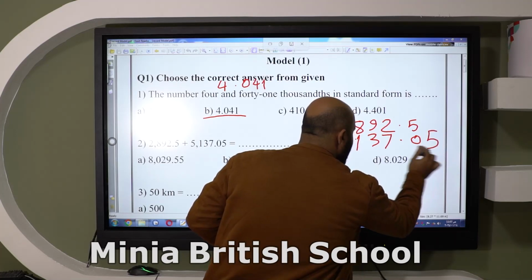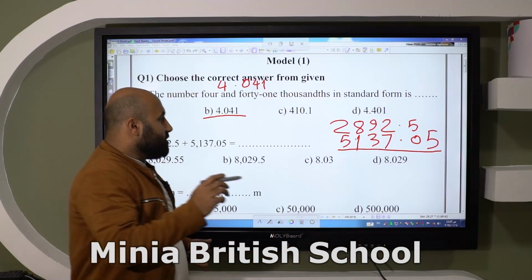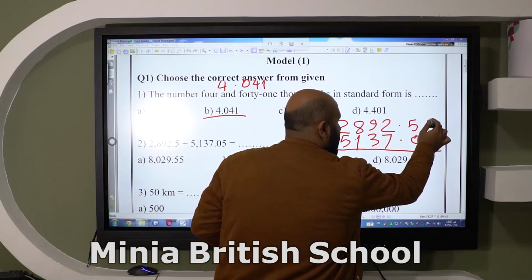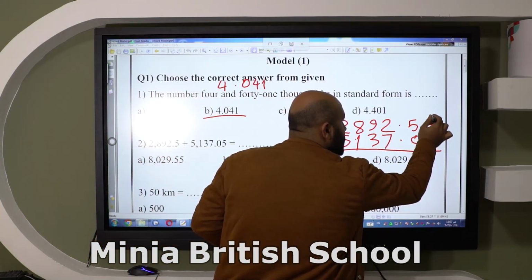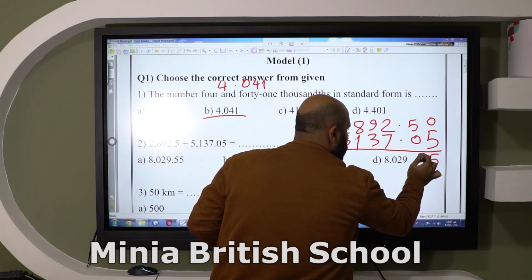So I will write 5173.05 and then start to make the addition. I have a space, so I will put a 0. 0 plus 5 equal 5. 0 plus 5 equal 5.